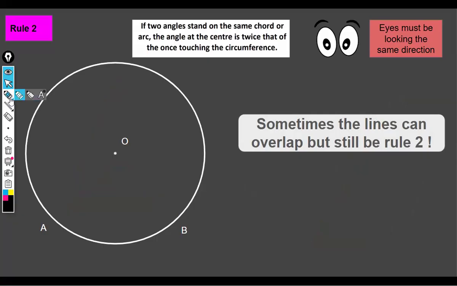I want everyone to draw back a blank circle here, and I want you to draw an arc again. Seems like you're drawing the same thing over and over.